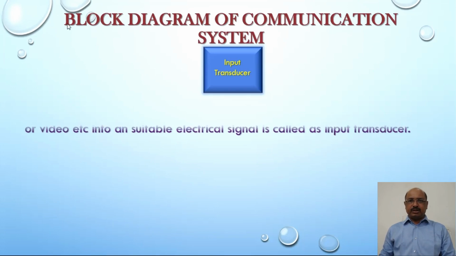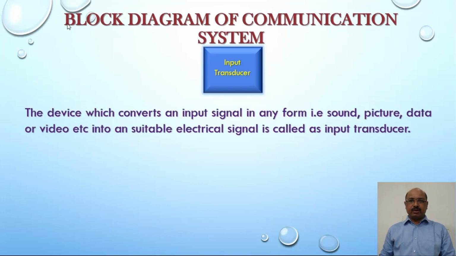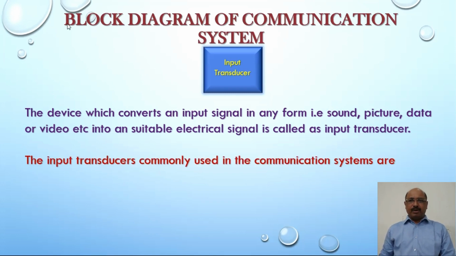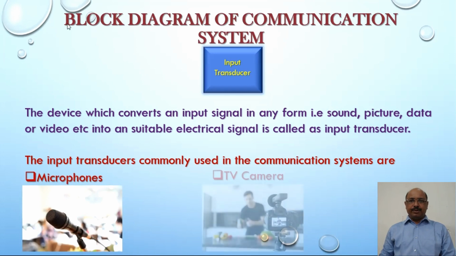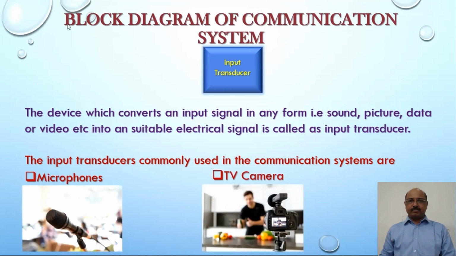The device which converts an input signal in any form, that is sound, picture, data or video, etc., into a suitable electrical signal is called an input transducer. The input transducers commonly used in communication systems are microphones, TV cameras, etc.